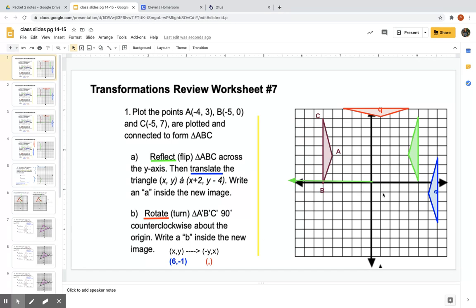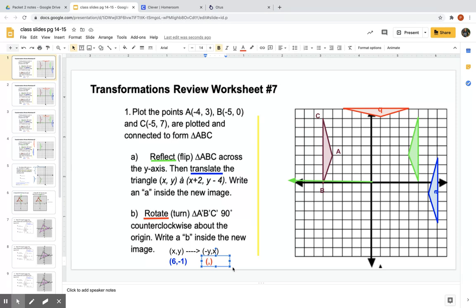So if we, for instance, go look at the apex of this triangle here, it's at 6, -1. If I wanted to find where my new apex is going to be, let's switch the x and y's, -1 and 6. Oh, I need to take the opposite of y.